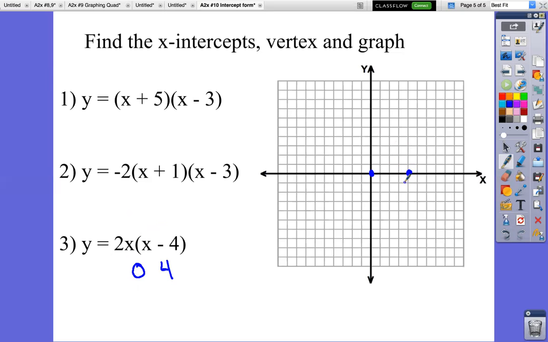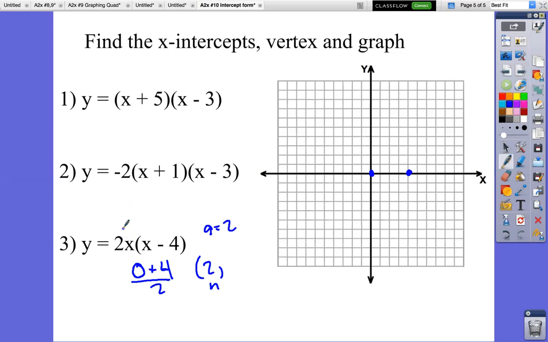Oh, and what's your A value? Two. Yeah, your A value is positive 2, so we know it's going to open up. But we don't really need that anyway. 0 plus 4 divided by 2. Well, 4 divided by 2 is 2. That's your H value. How do you find K? Plug it back in.